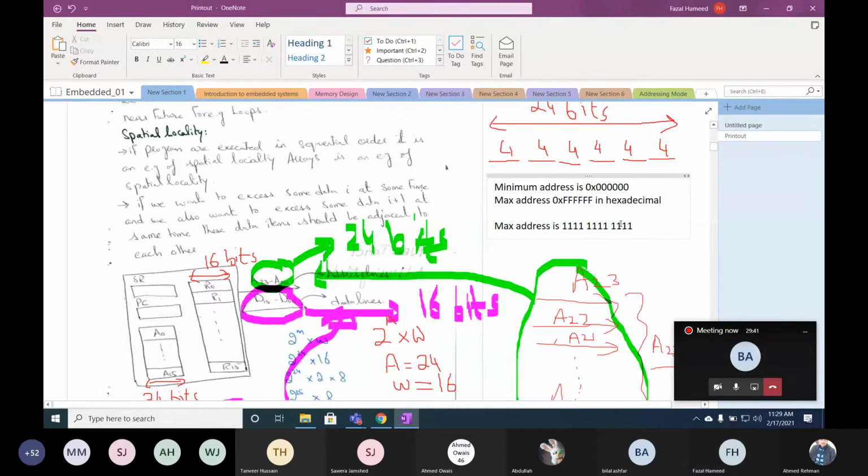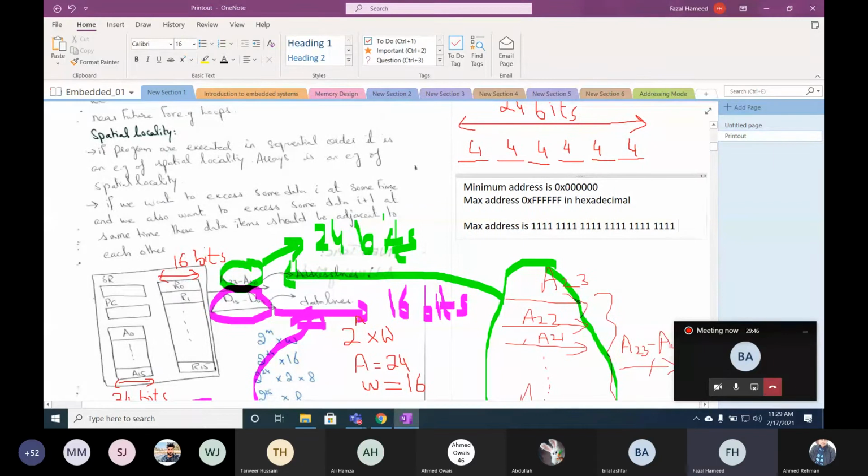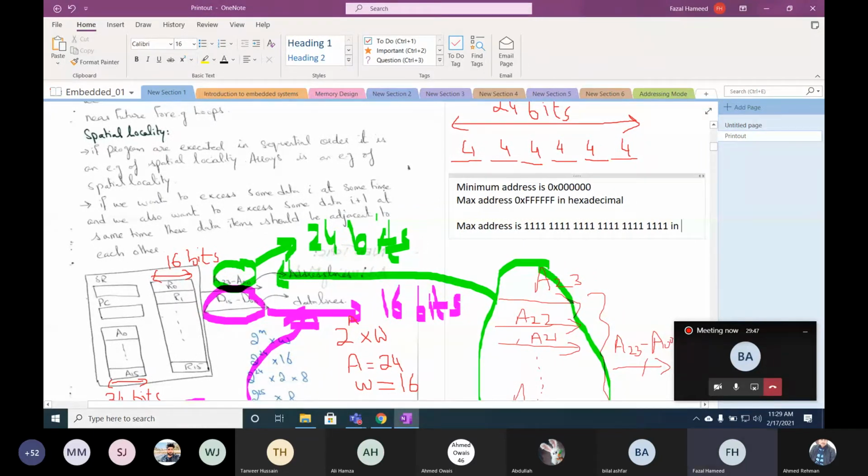1234 1234 1234 1234, in which representation? Binary. Which representation is more clear, the first one or the second one? Second one.